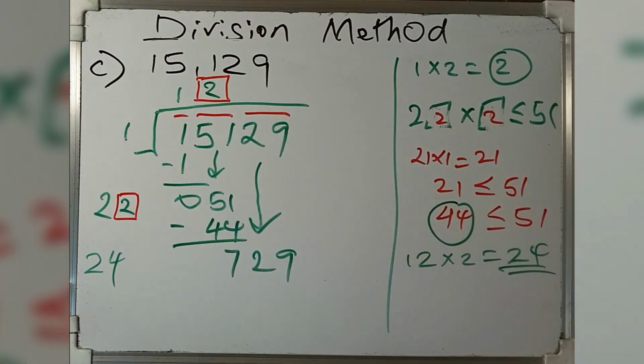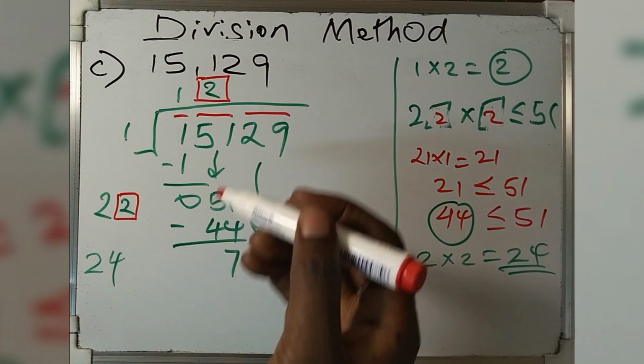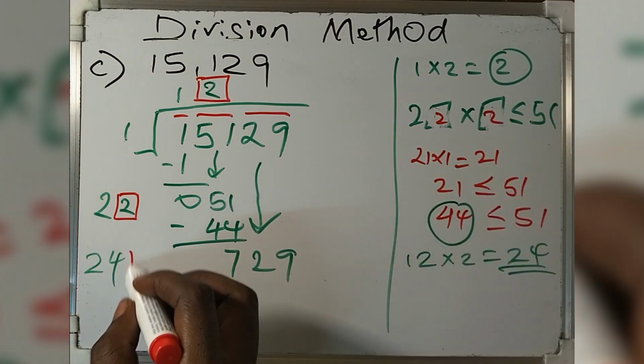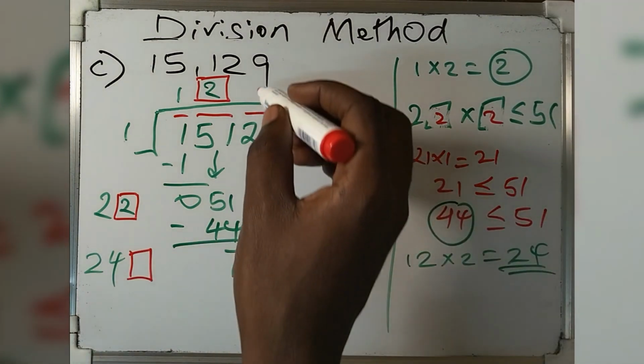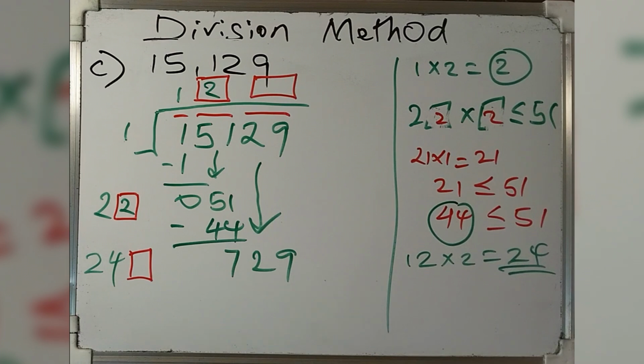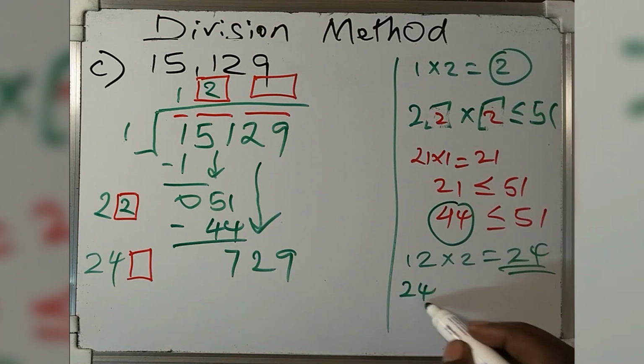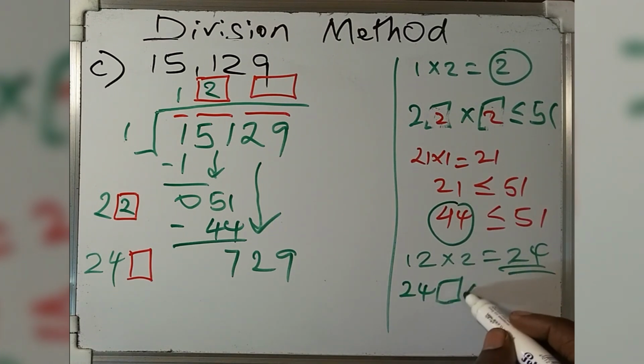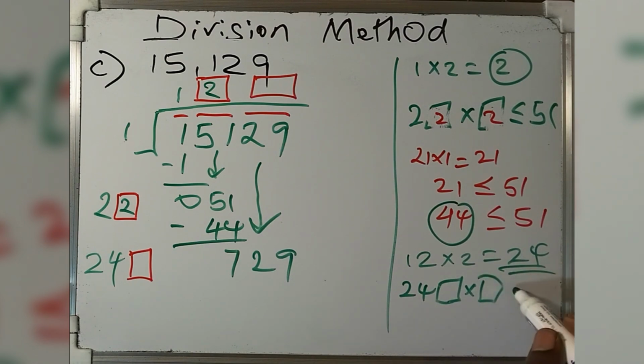So this 24 here, the number that we have here is the same as the number that we have here, such that 24 and that number times this number is equal or less than 729.